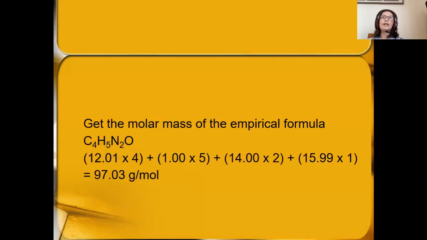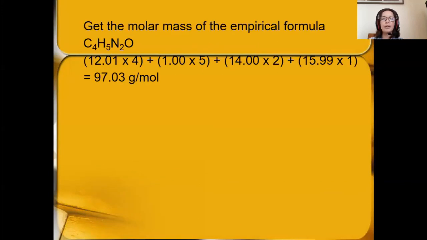To get the total mass of that, or the empirical formula mass, 4 multiplied by 12.01. So we will apply how to get the molar mass. So the total mass of the compound, or the empirical formula mass, is 97.03 grams per mole.